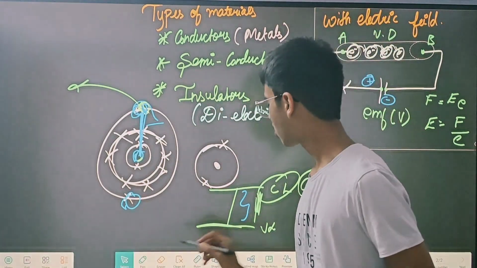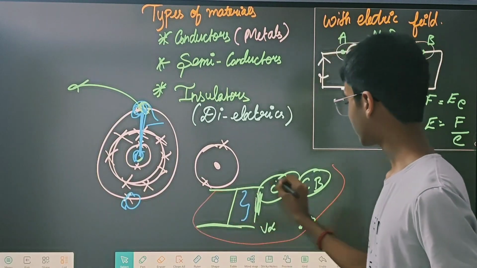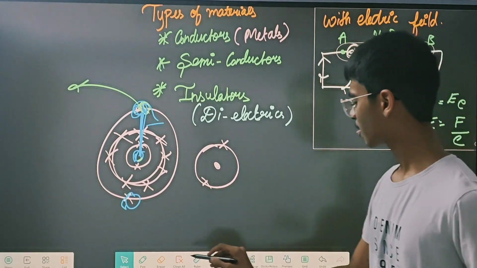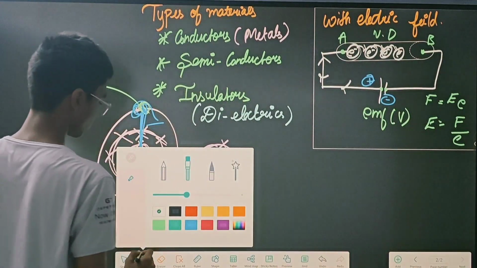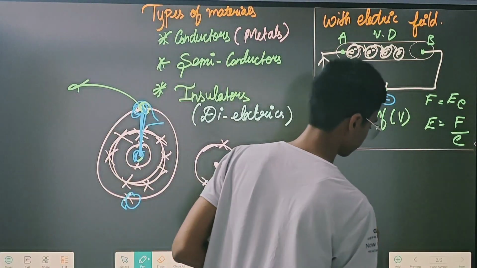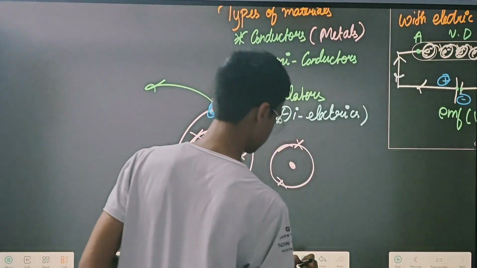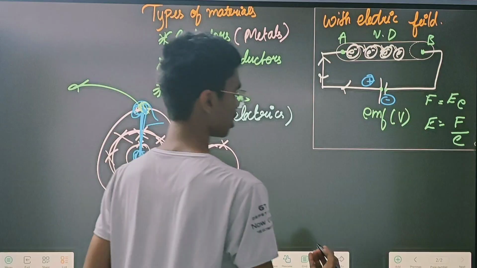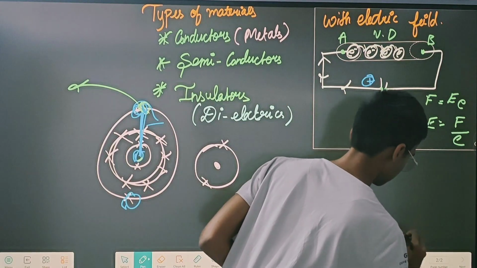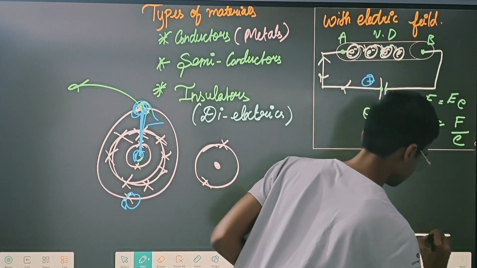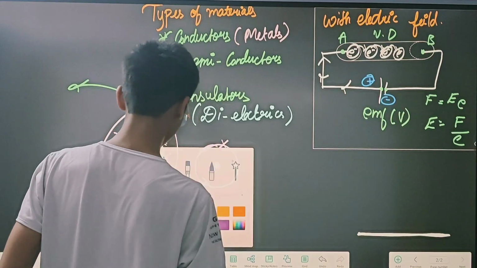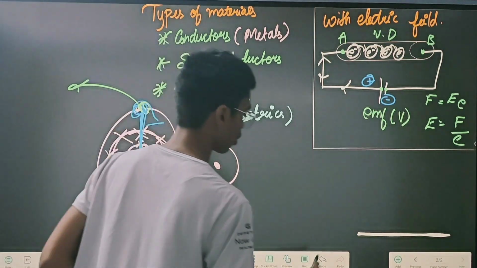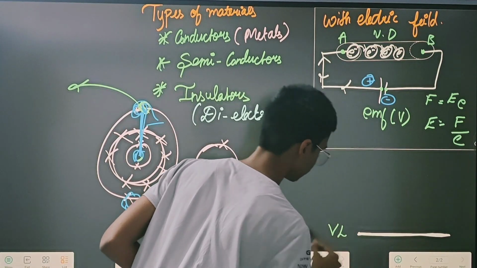I'm going to draw this a little neater so that you all can understand. There will be a particular stage, known as the valence level if this is monatomic.